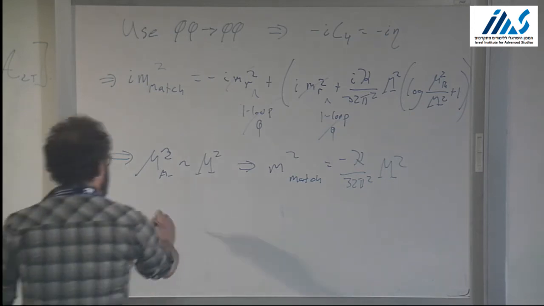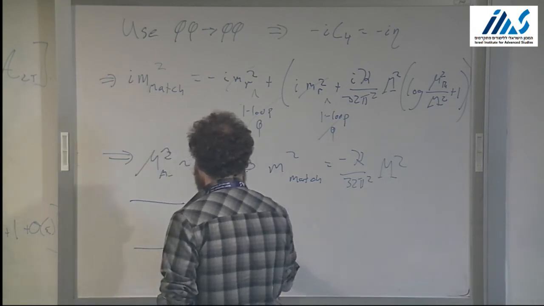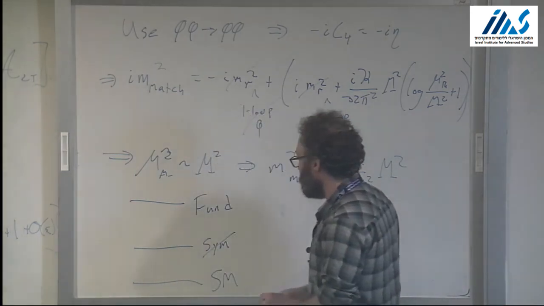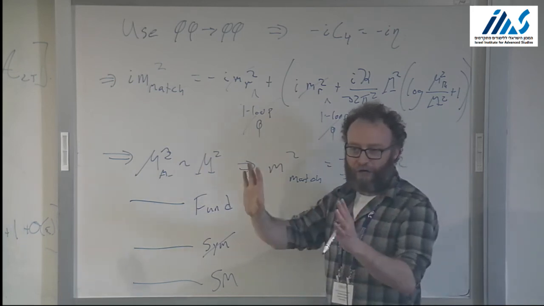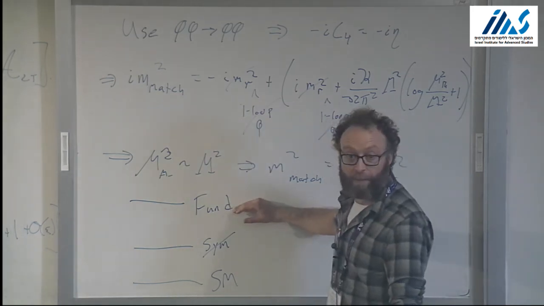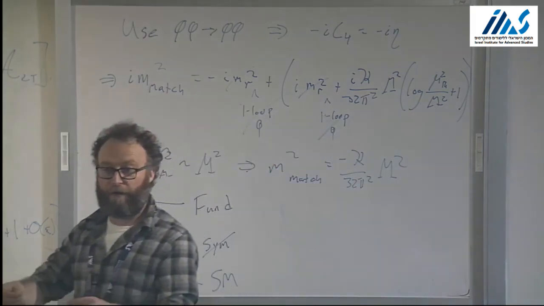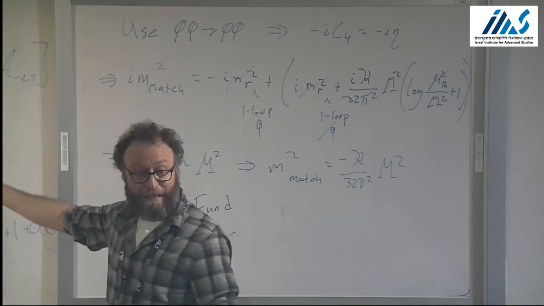If we really think about this situation where we have some fundamental scale, we have some symmetry breaking scale, and we have the standard model, the Higgs Vev, what we're really saying is that, call it string theory or whatever, I don't care what the fundamental physics is at some level, as long as it predicts the parameters of the theory for me, right? So this is really similar to what we're doing in all of these EFT examples, right?